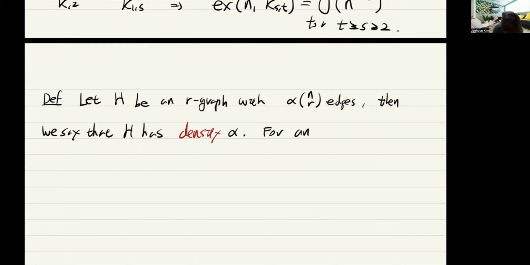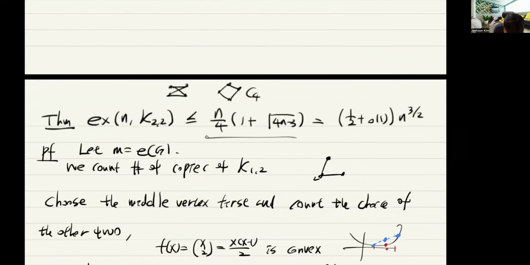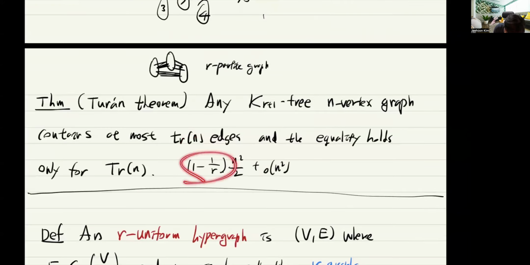And for an r-graph F, we want to denote pi(F) as this constant.